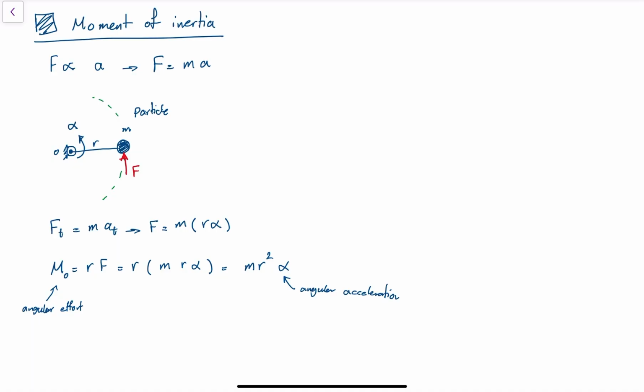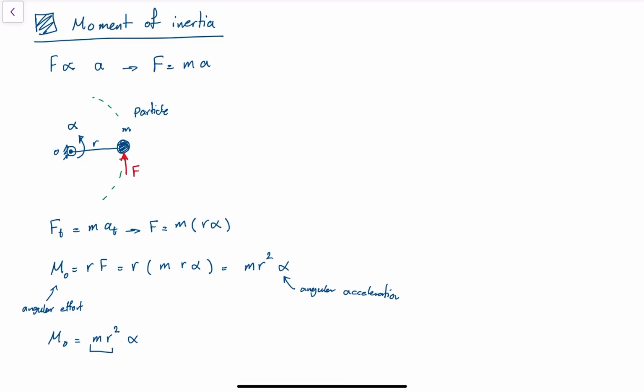We call it moment, but for the sake of comparison, let's call it angular effort. So angular effort equals m r squared alpha. Note that your effort equals a constant times angular acceleration.